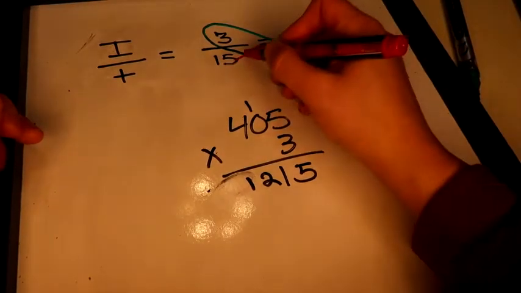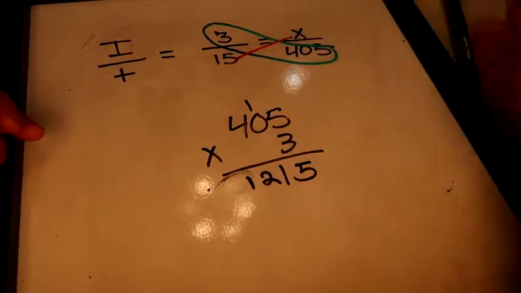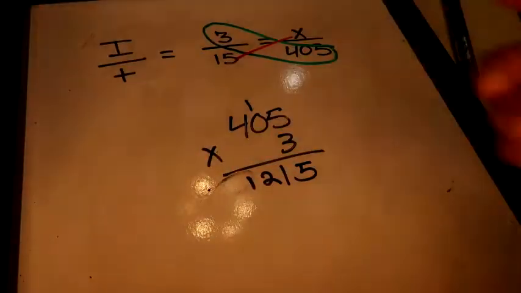whatever the number that is diagonal to the variable is what we are going to be dividing against.